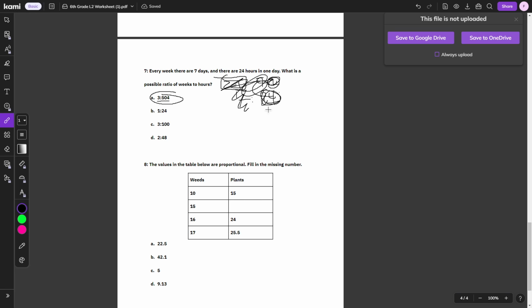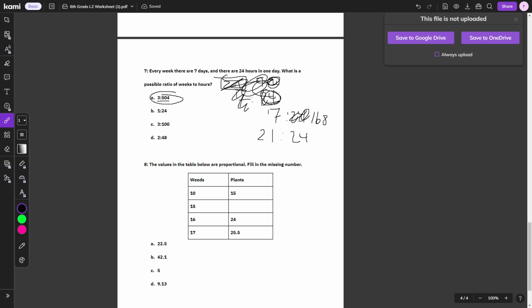Let's do something else. We have 7 days, and there's 24 hours in one day. Let's get the base ratio. How many hours are in 7 days? 7 times 24, 168. And in one day, there's 24 hours. If we were to multiply, so 3 weeks is 21 days, which means you multiply 1 by 21.